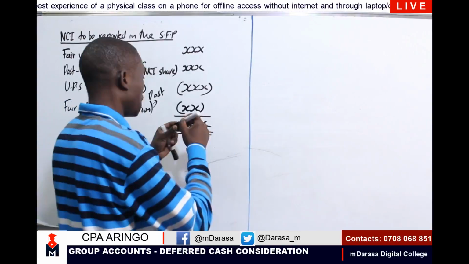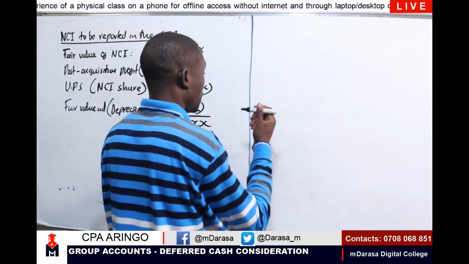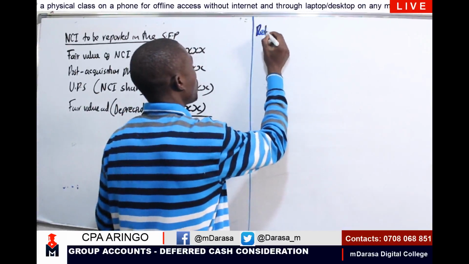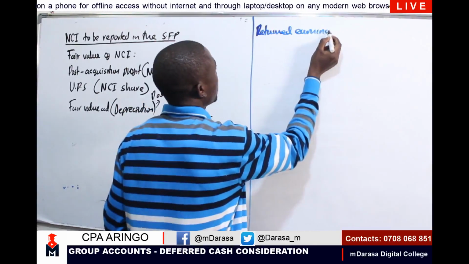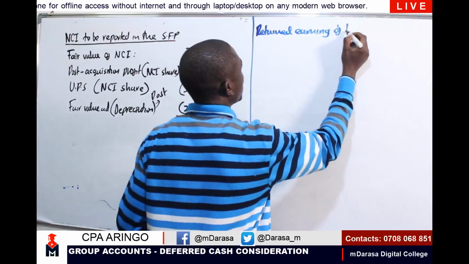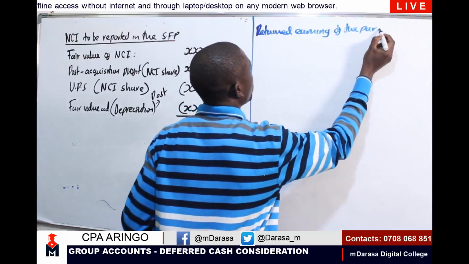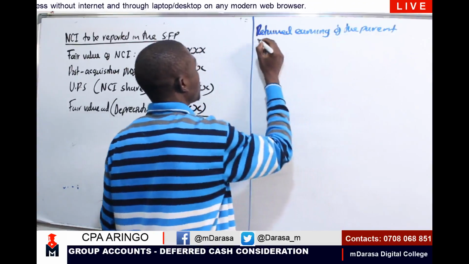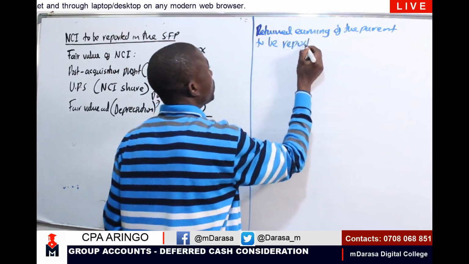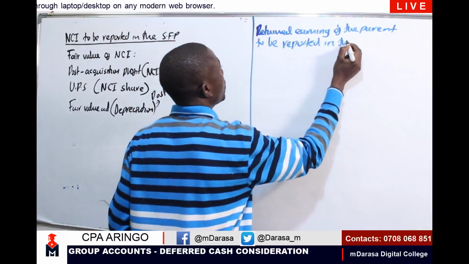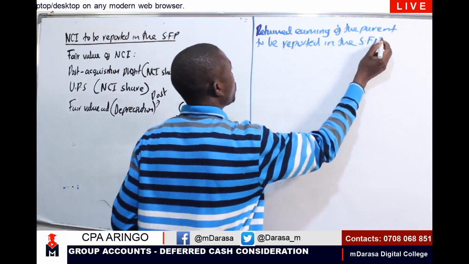What about the retained earnings to be reported in the SFP? Retained earnings of the parent to be reported in the statement of financial position.